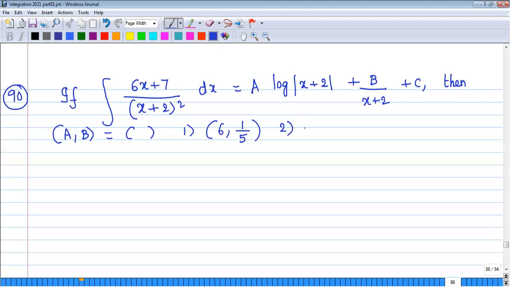Second one is minus 6 comma minus 5. Third one is 1 upon 6 comma 5. Fourth one 6 comma 5.